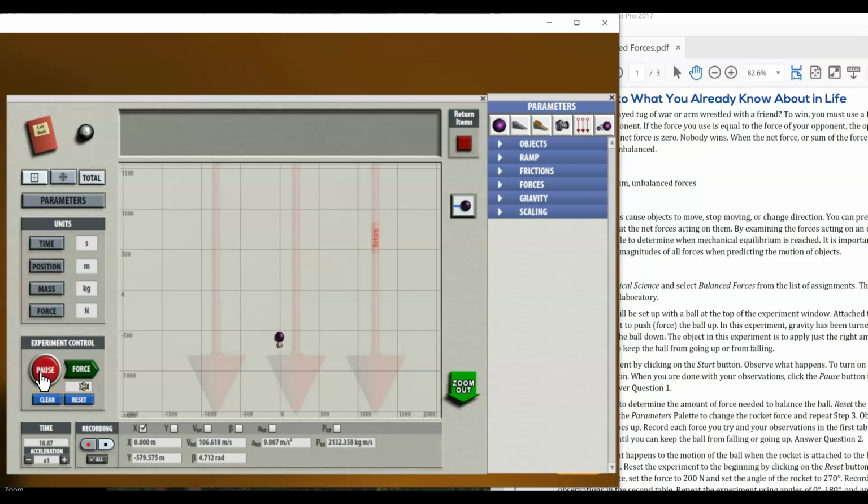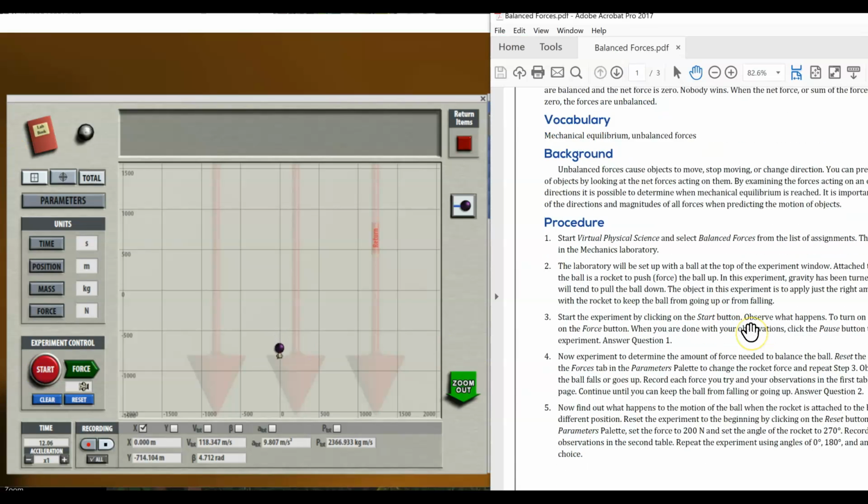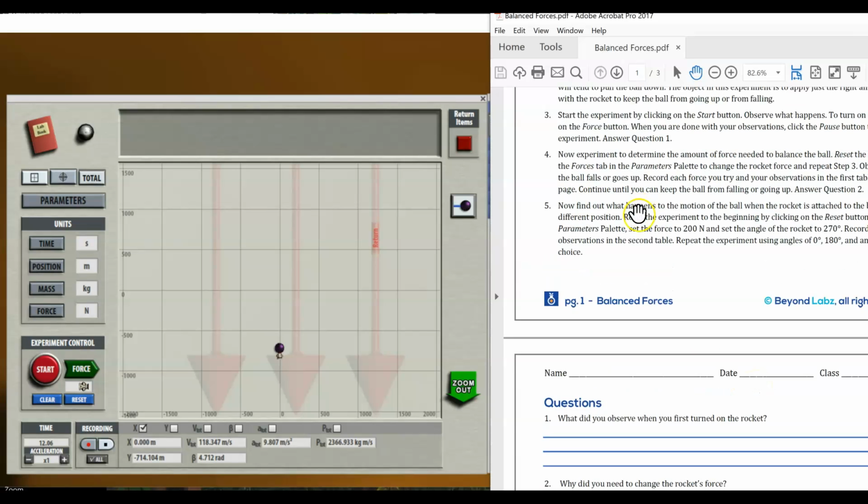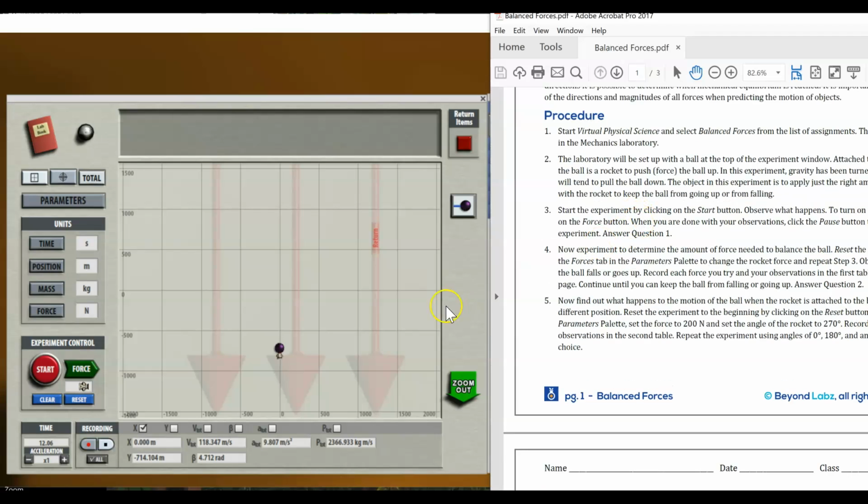So you make the observation, then let's stop. Then after you observe that, you will describe what you observed when you first turned on the rocket.